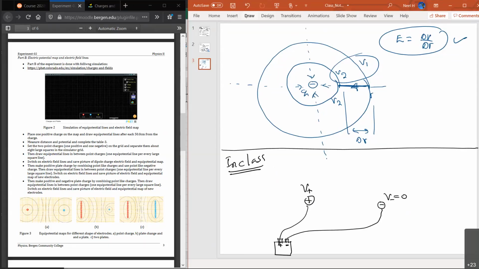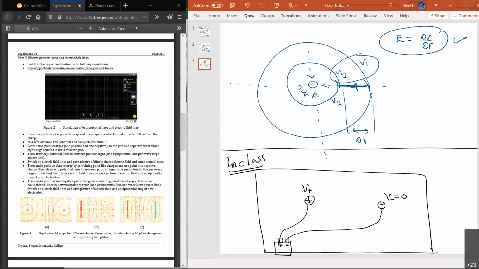Now we're going to set this up on a piece of paper, usually. We have a particular setup to do that. That paper is actually a graph sheet. Now the question is that we would like to know the electric field behavior in between these two charges.